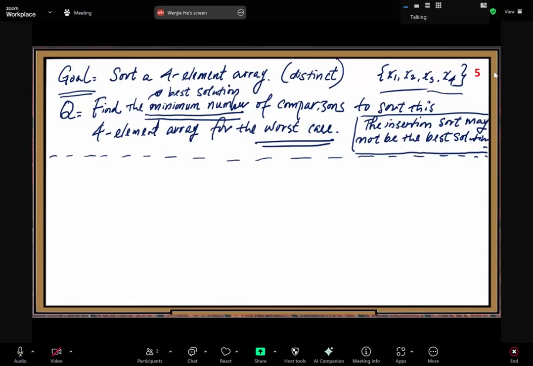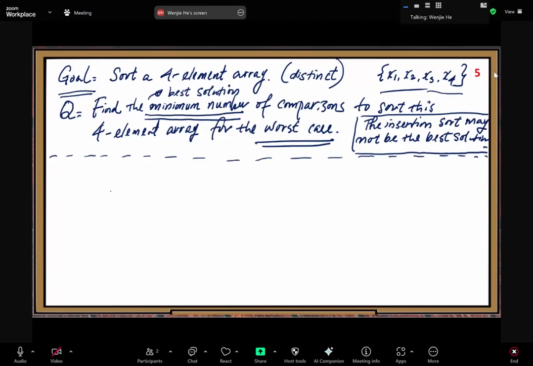But the idea used for the insertion sort, we can still borrow that idea, right? But at the critical step, you need to be ready to make some change in the insertion sort. So when we start, we can use the insertion sort idea to get started.